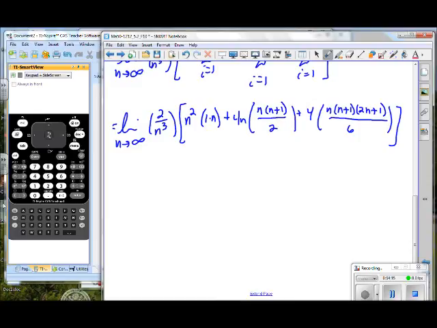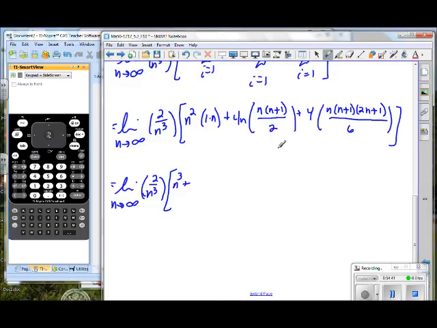Now we've written this without any summation. All we have to do now is take the limit as n goes to infinity. Before we do that, though, we're going to simplify this as much as we can. I'm going to continue to write my 2 divided by n cubed out here. This term, n squared times 1 times n, is n cubed.